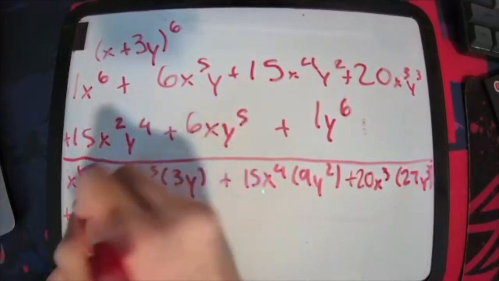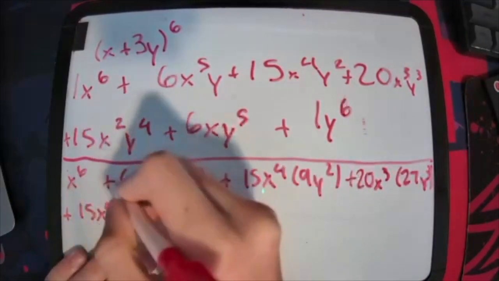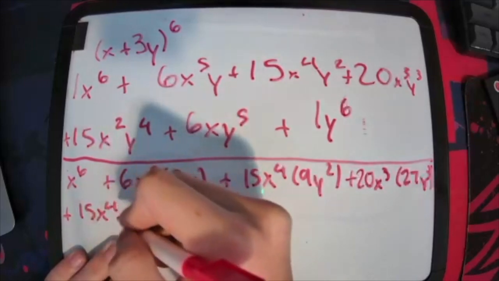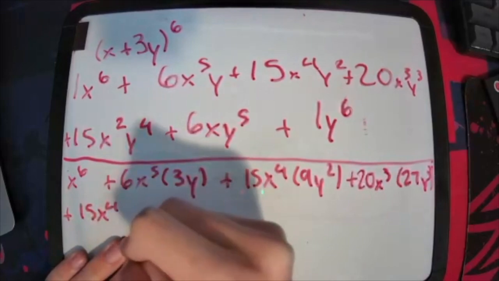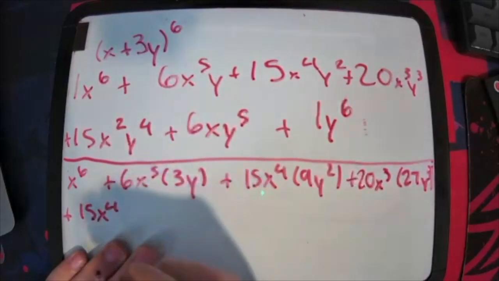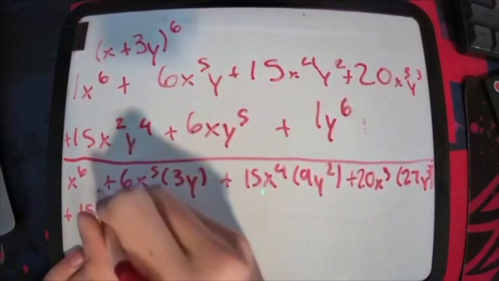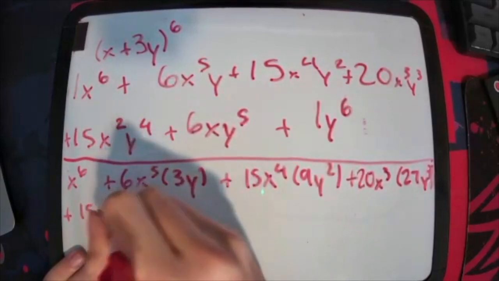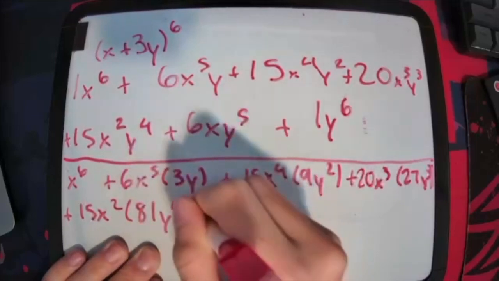Plus 15 x squared times 81 y to the 4th.